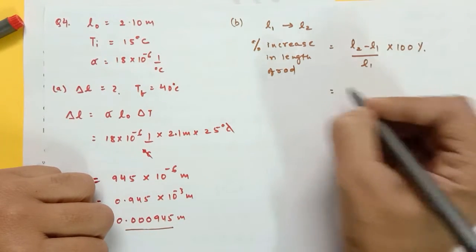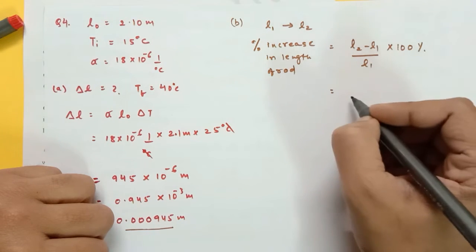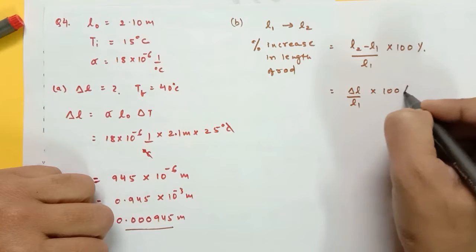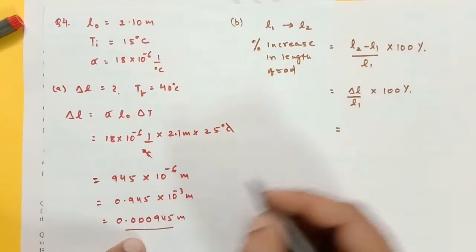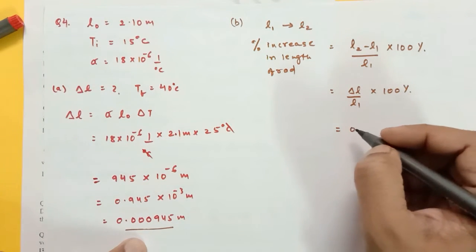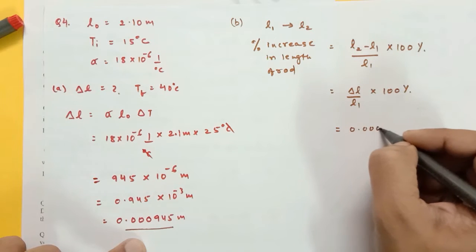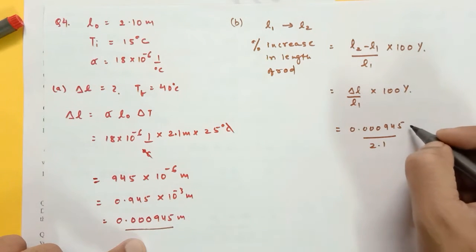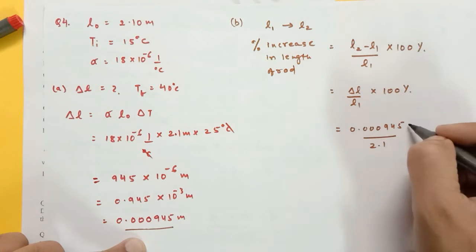So final minus initial length is delta L upon L1 into 100%. So I have already found out what is delta L, that is 0.000945 divided by initial length was 2.1. This will be without unit because this meter and this meter are going to get cancelled.